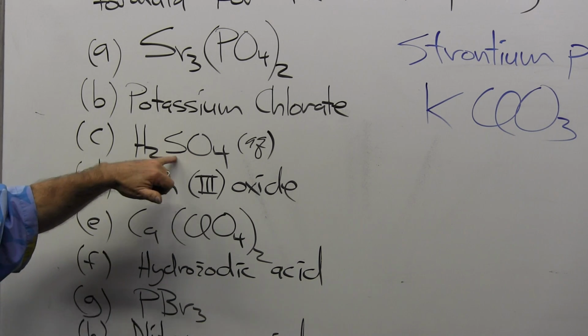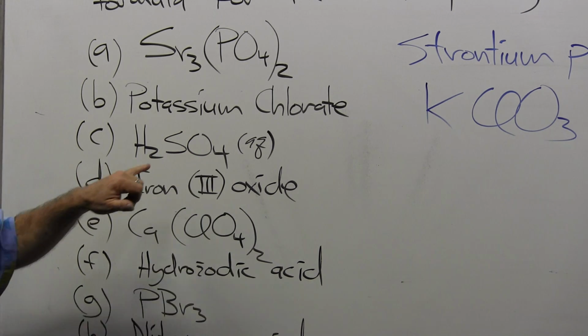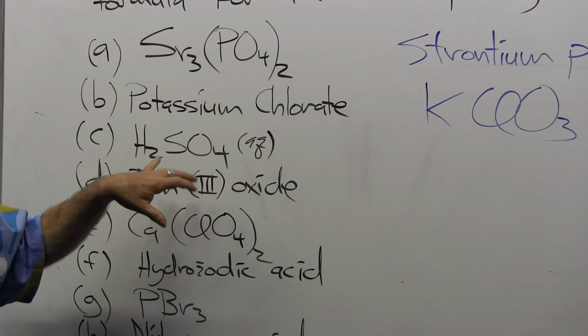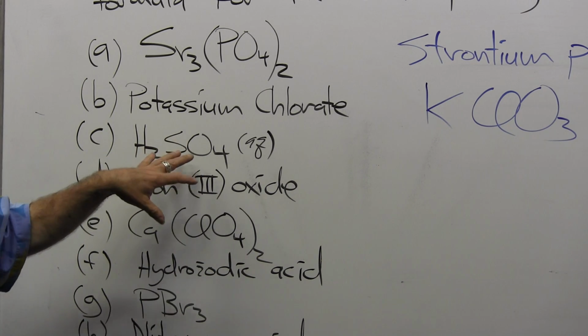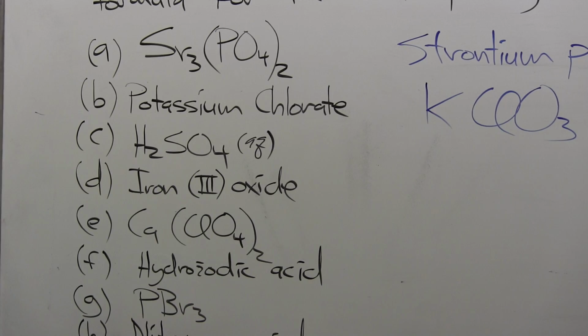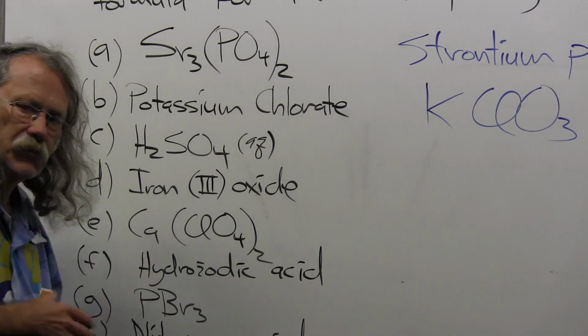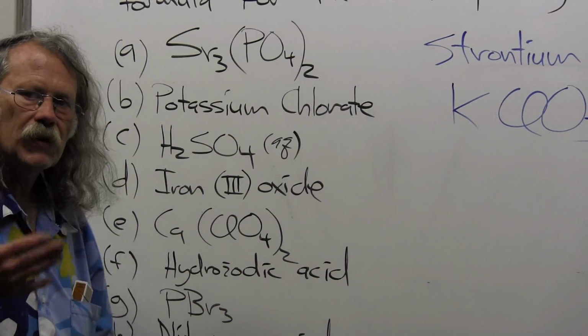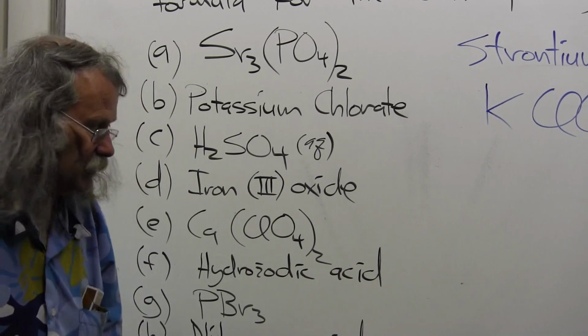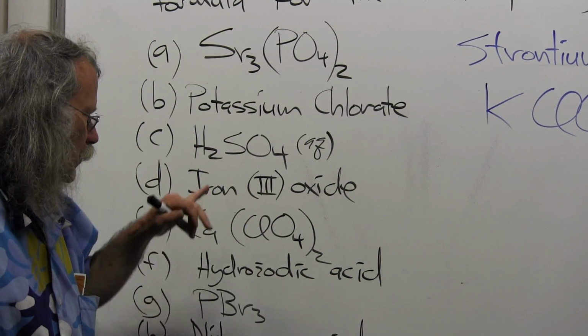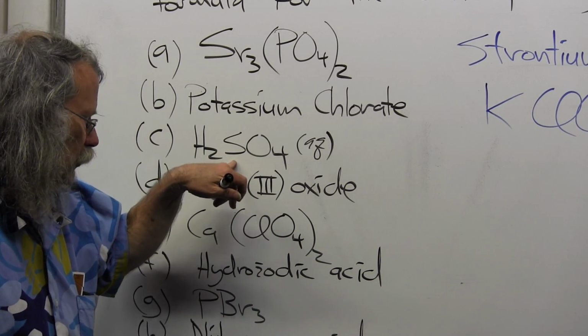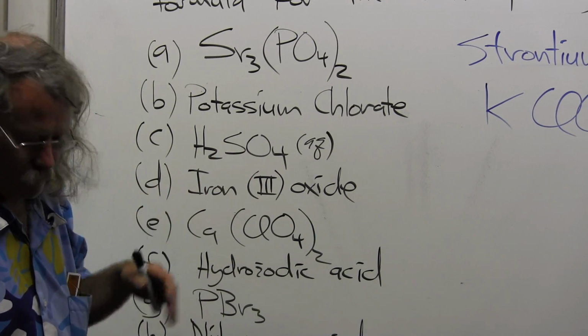And so this is a sulfur oxyanion, which would be, of the 2 possibilities that exist with sulfur, it could be SO3, which would be sulfite. SO4 is sulfate. Ate becomes ic when it's an acid. And so this is sulfuric acid.